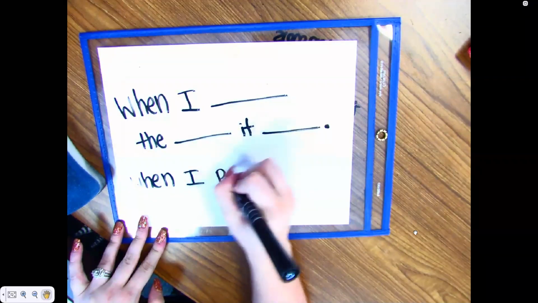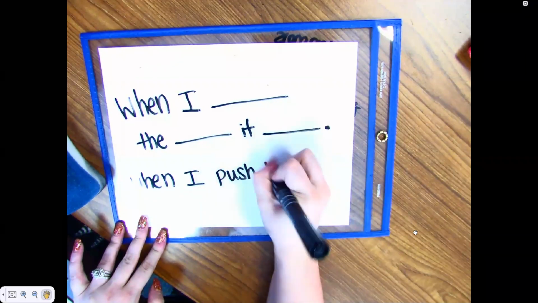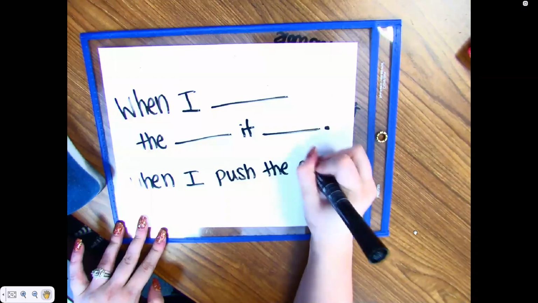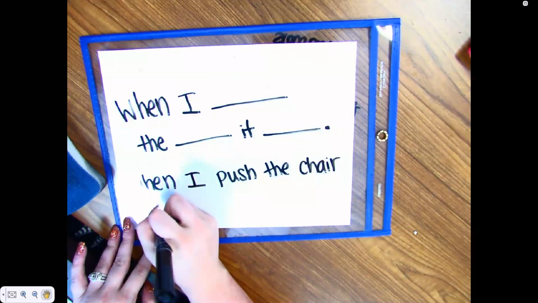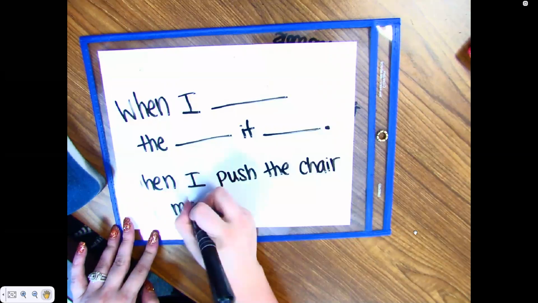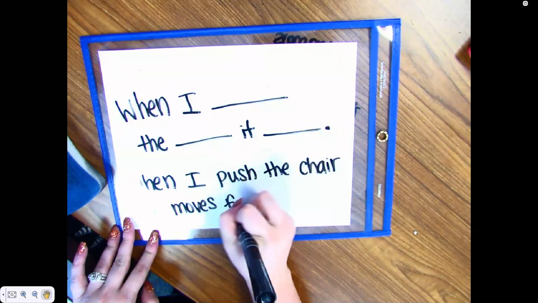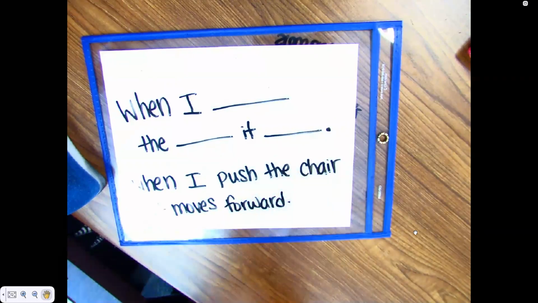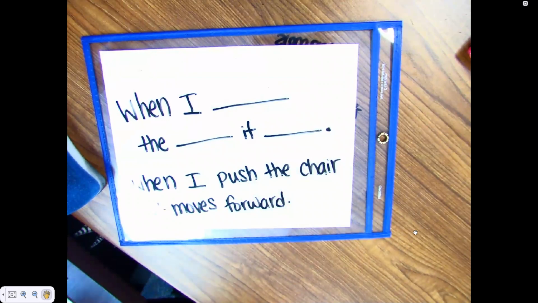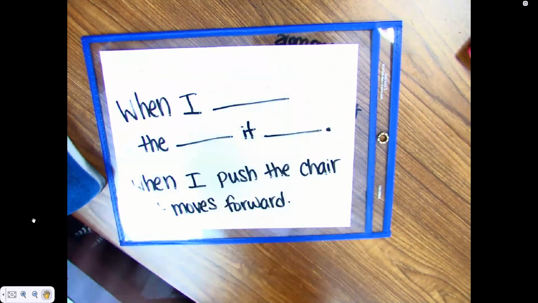When I push the chair, it moves forward, okay? So whatever object you found, you can either push, you can pull, you could change directions, and I want you to type it in the chat. Go.